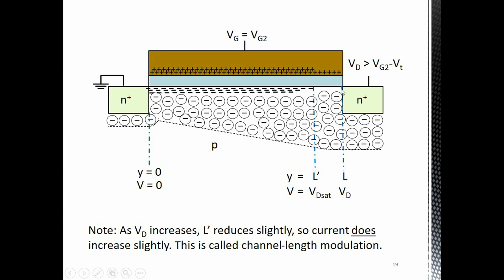They will not be just at the surface, they will be flowing in the body also. The flow will be spread across a depth of the depletion region here. Alright, so the answer of course is that current does flow even after the channel is pinched off because electrons are available here.